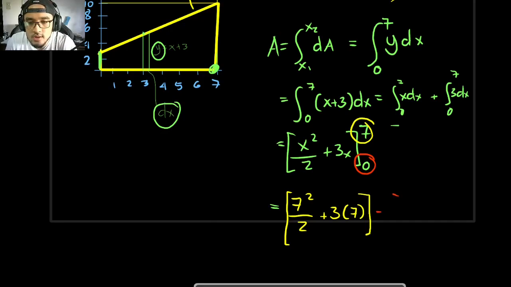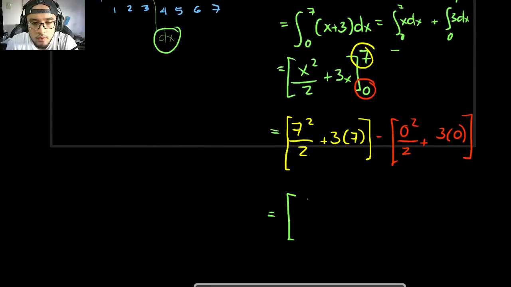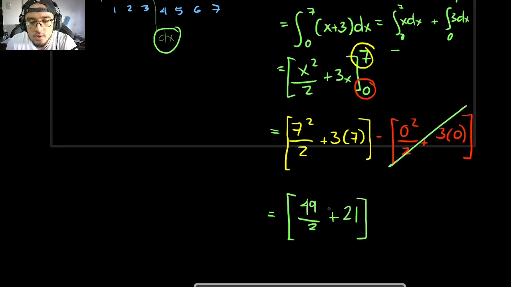So minus 0 squared over 2 plus 3 times 0. So this is equal to 49 over 2 plus 3 times 7, that is 21, minus 0, so this would just cancel out. So this is now our answer.